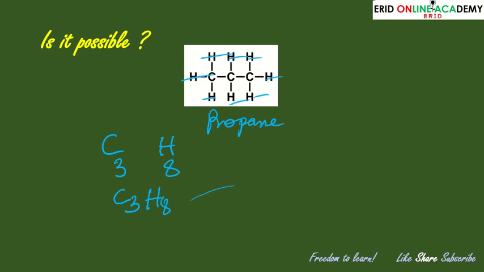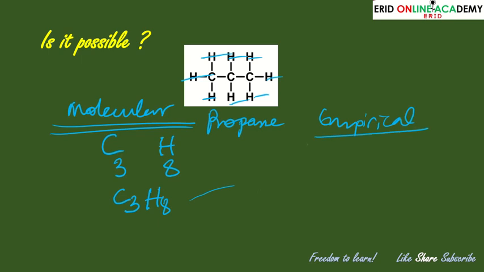Now looking at its empirical formula, as in the previous example, we find the simplest ratio of the atoms in the molecule. In this case, carbon to hydrogen is ratio 3 to 8.